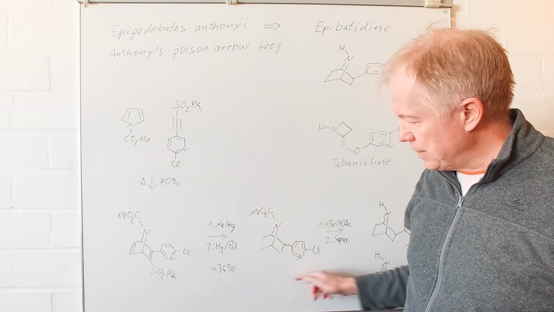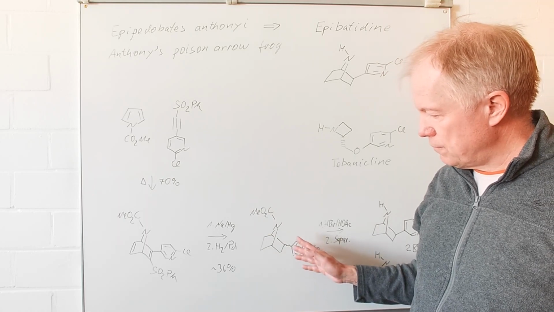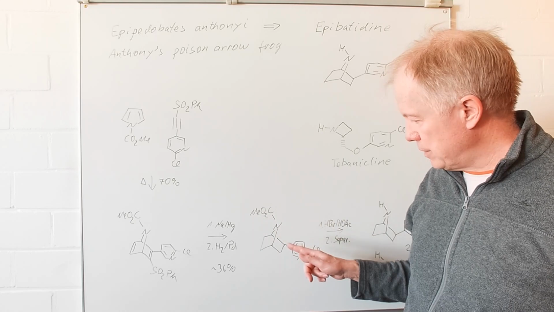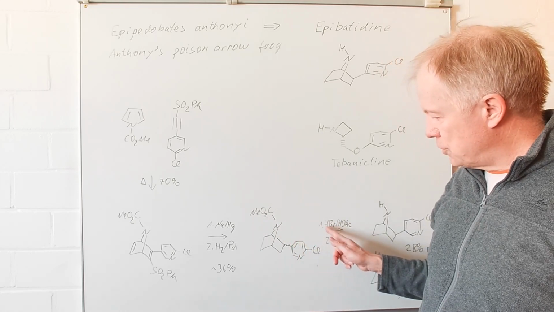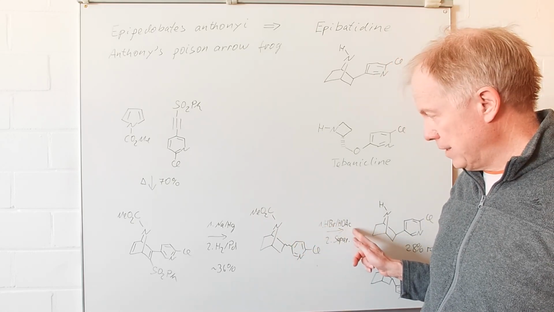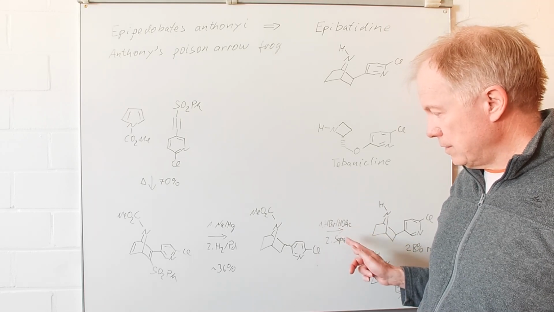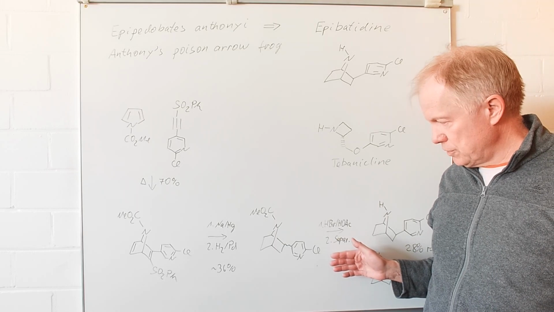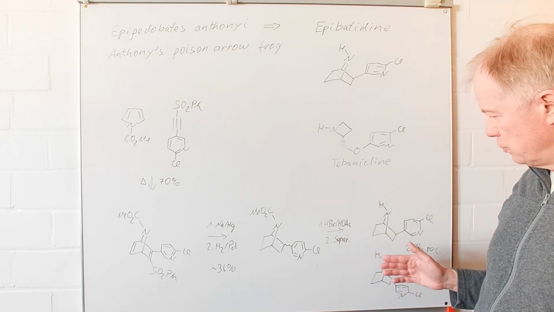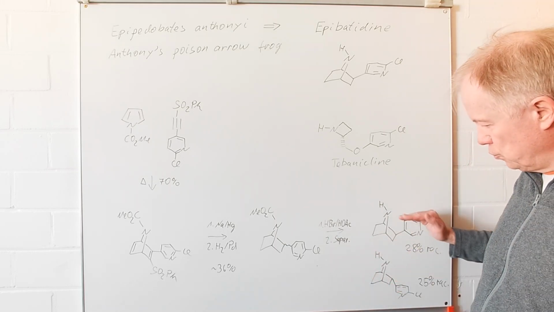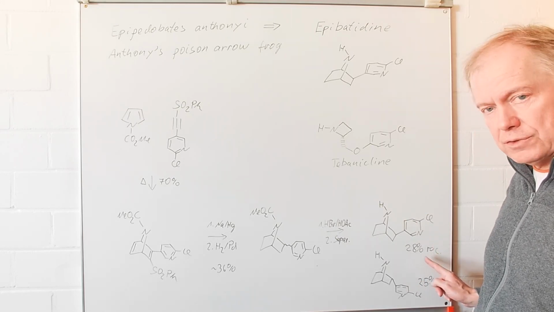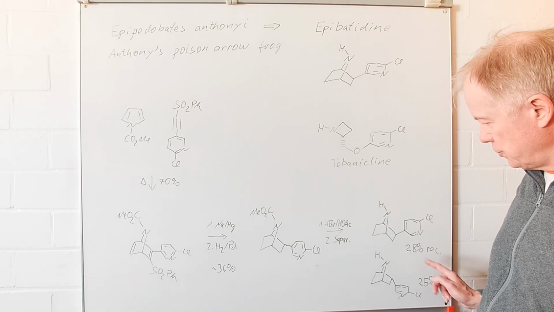And here we have a mixture of all stereoisomers, still with the carbamate group here, which we can then hydrolyze, and separation of those isomers will lead to two diastereoisomers, both as racemic mixtures.